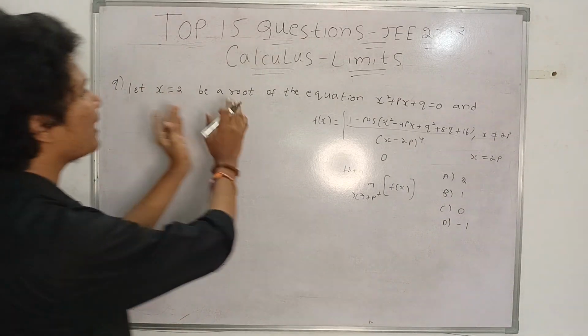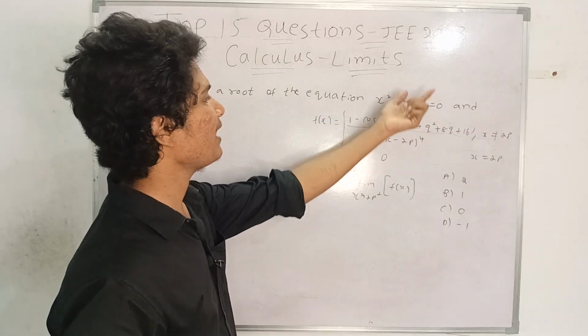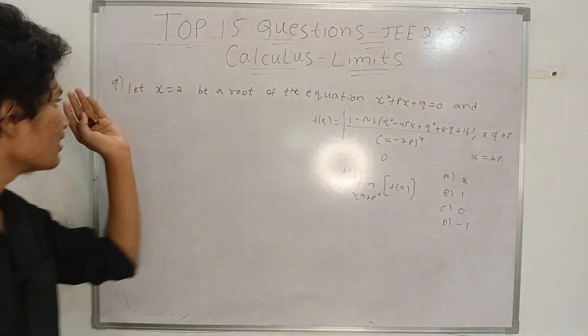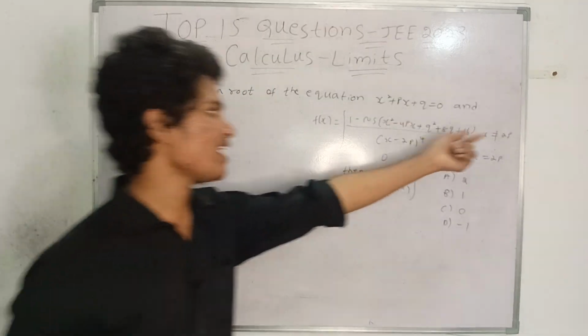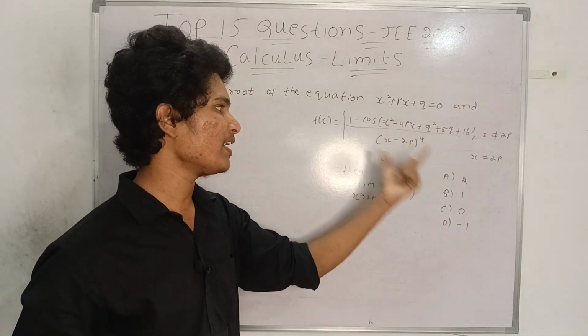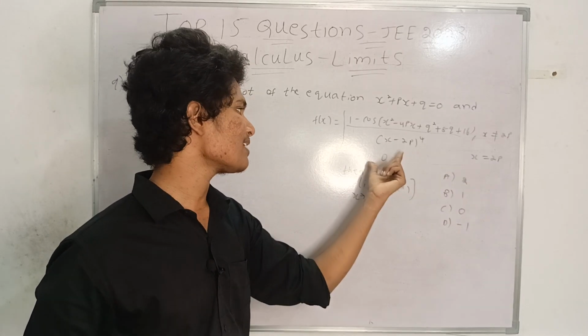Let x equal to 2 be the root of the equation x square plus px plus q equal to 0. Basically they are saying that 2 is the root of this equation, and f of x is defined this way when x is not equal to 2p, and when x equal to 2p, the value is 0.